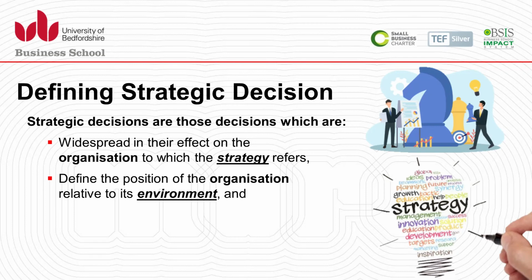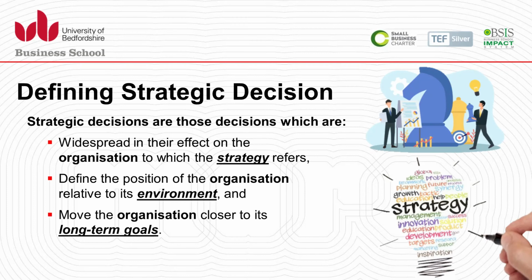So we have to see the context of the environment, where we have PESTLE analysis: political, economic, social, technological, legislative, and the environment itself, as key factors and forces the organization has to consider to make a decision which will affect its operation and success in the long term.